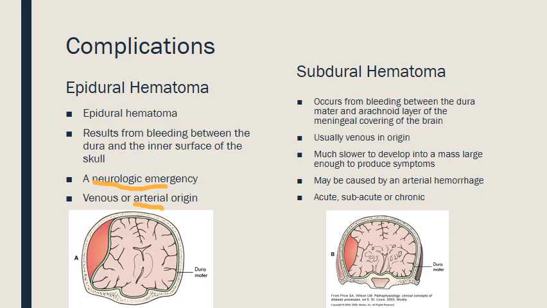It's usually venous in origin. It's much slower to develop into a mass large enough to produce symptoms, and it may be caused by an arterial hemorrhage, but it's generally venous. Again, the treatment is they would do burr holes to remove the bleed, or sometimes if it's a small enough bleed, they just let it reabsorb over time.